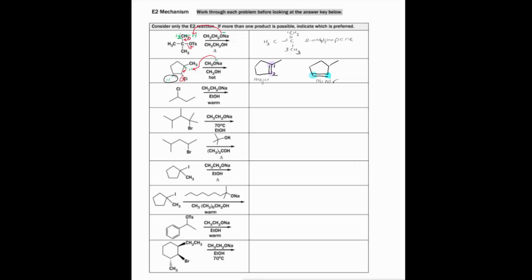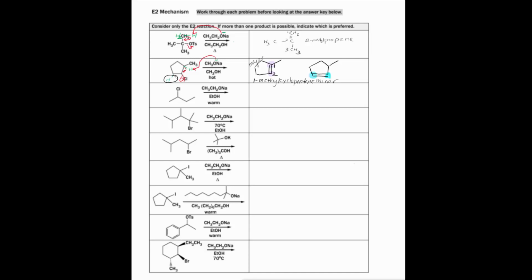So because the double bond is defined as being between carbons 1 and 2, and we have a substituent on that sp2 carbon, then the carbon with the substituent and the double bond is going to be carbon 1. So this is a cyclopentene, and it is 1-methylcyclopentene. And again, this was the major product.